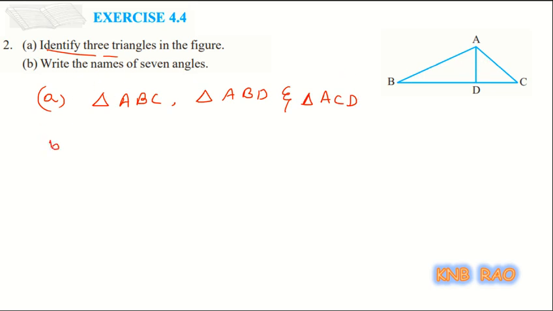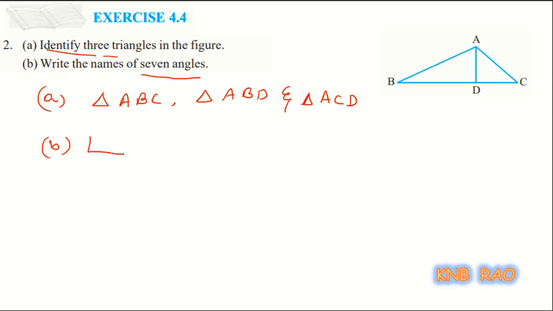Next, in question number 2, sub question B: write the names of 7 angles. See children, in triangle ABC, as such I have got angle A. But instead of writing with a single letter, better we write with 3-letter notation, because at vertex A we have got not one angle, we have got 2 more.